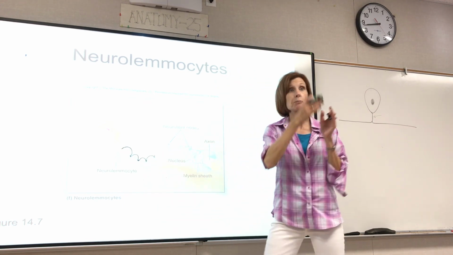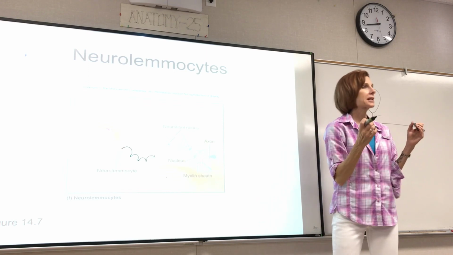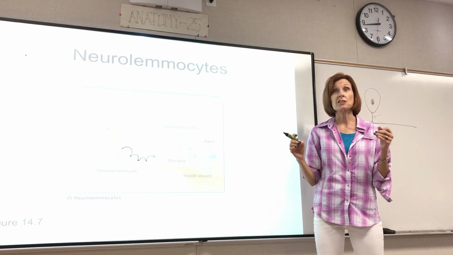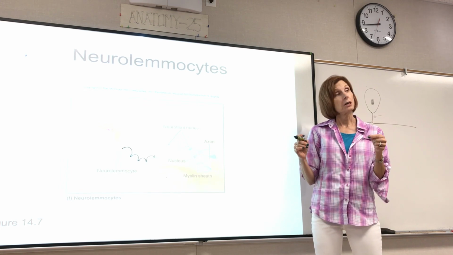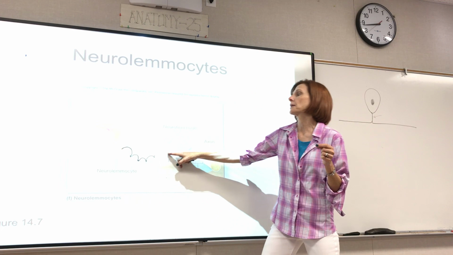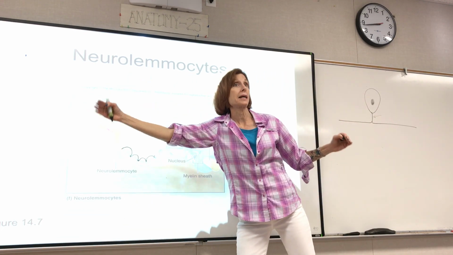So it has to skip over these areas of myelin. It seems like maybe that would slow the action potential down. It actually makes it travel much, much faster because it doesn't have to be transmitted along the entire axon.